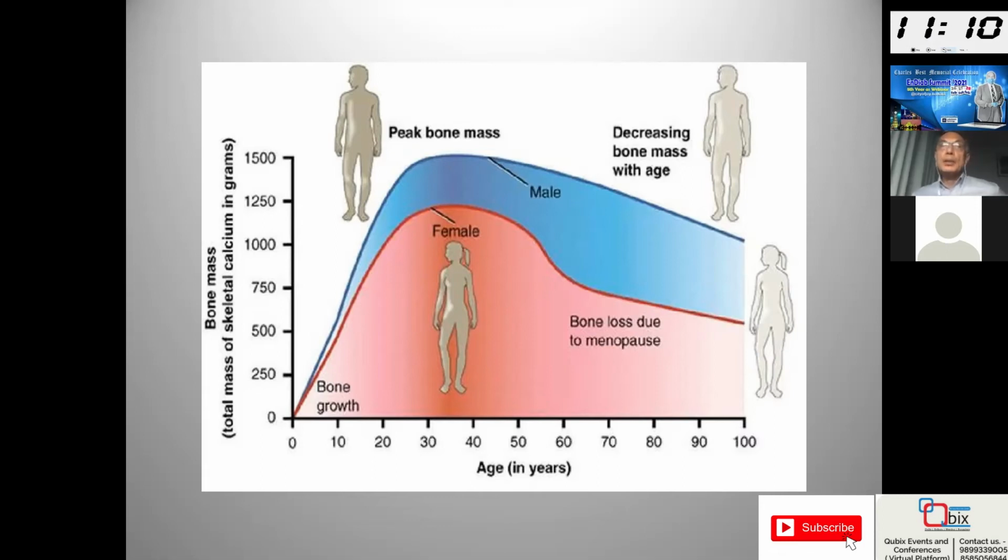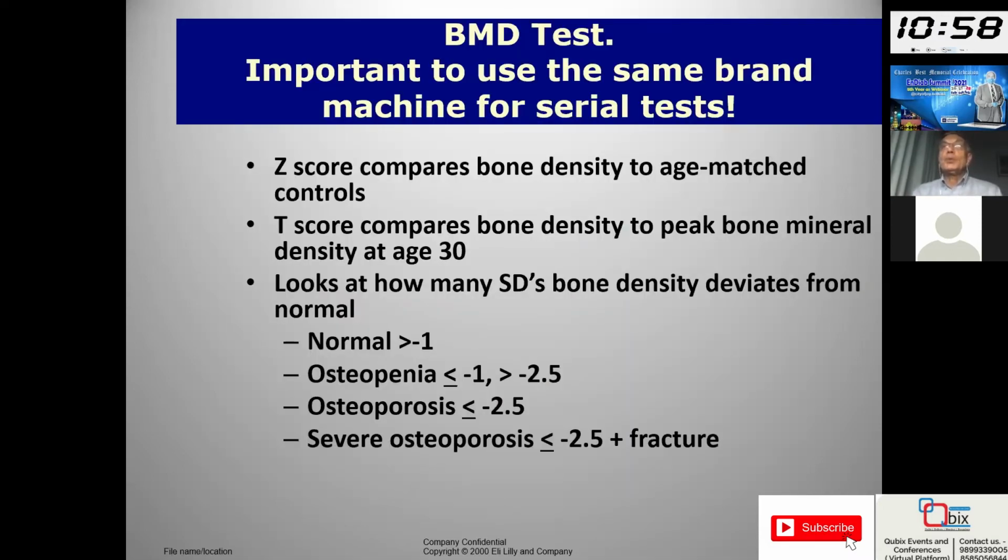We look at the bone mass of the subject compared to the standard peak bone mass and see the standard deviation by which it differs. That is what we do with the Z-score, which looks at age-matched controls, and the T-score, which is more commonly used, which looks at peak bone mass. And you know very well that severe osteoporosis means that the T-score is more than minus 2.5.